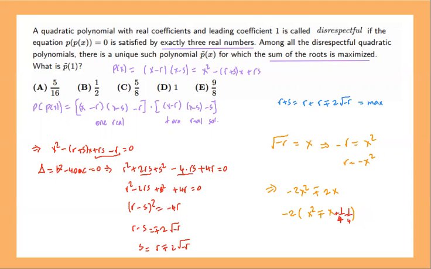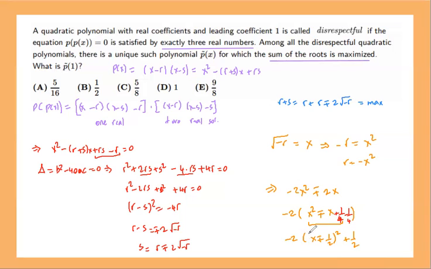So the next step is 2 times: the first 3 terms are the same as x plus or minus 1/2, squared. And then negative 2 times negative 1/4 is just 1/2.